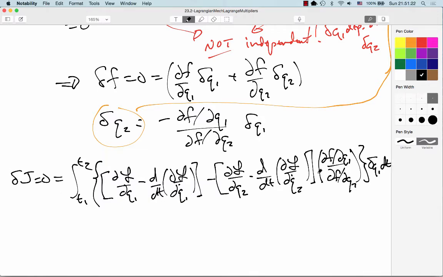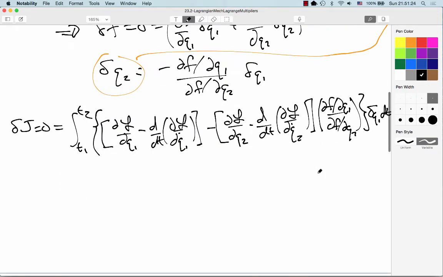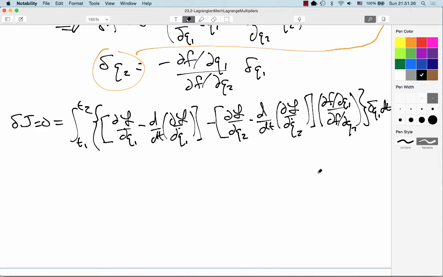Excellent. So now we still have to demand that the integrand, or the thing in the curly brackets, vanishes for all time.